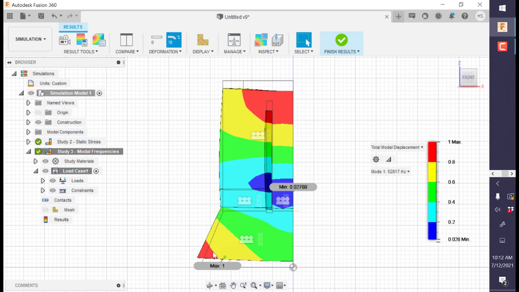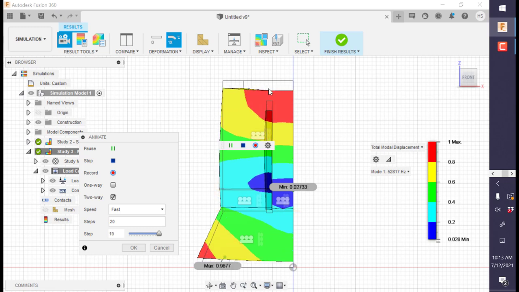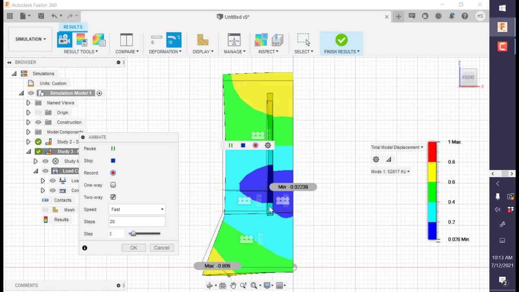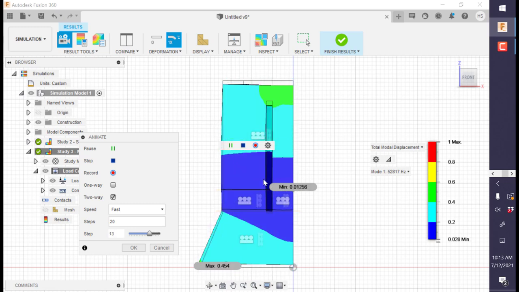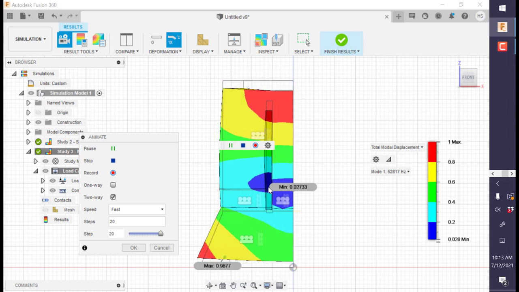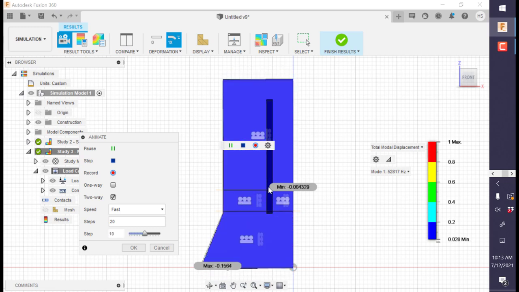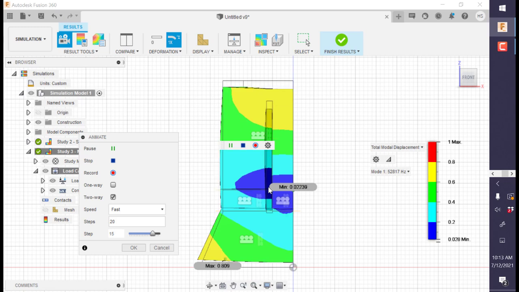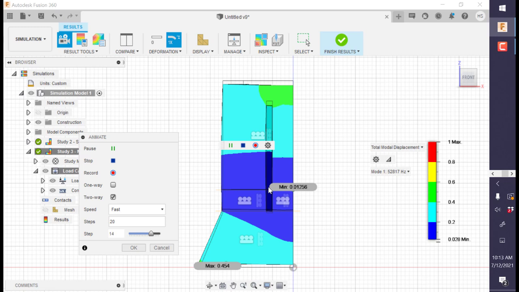The displacement is maximum at the top and bottom, and it's minimum near the center of our device. At the place where we do have minimum displacement, we also have maximum stress. That's where you want to locate your piezo ceramics in order to provide the most drive to your transducer for a given voltage.